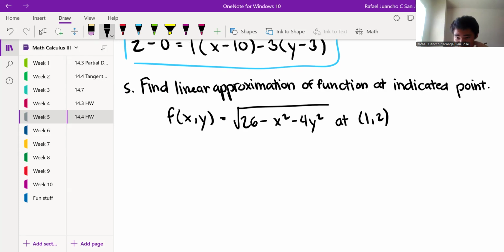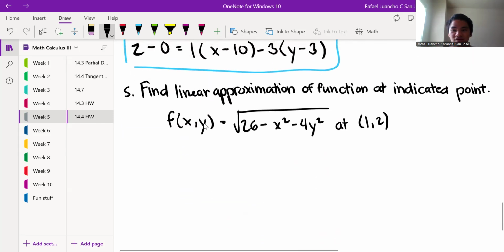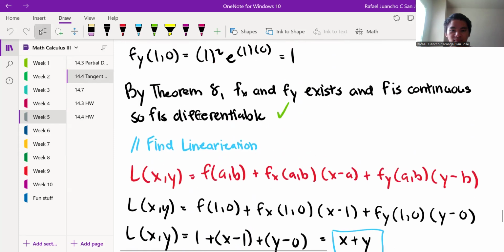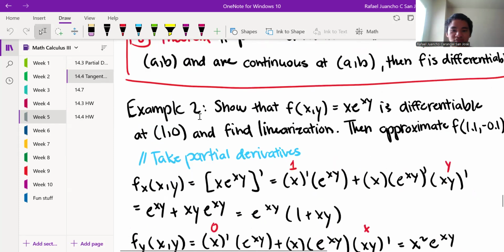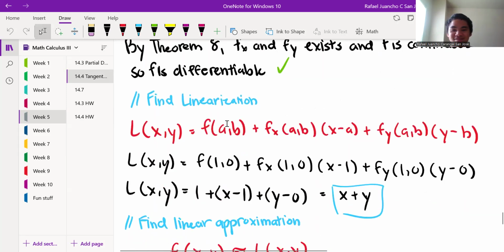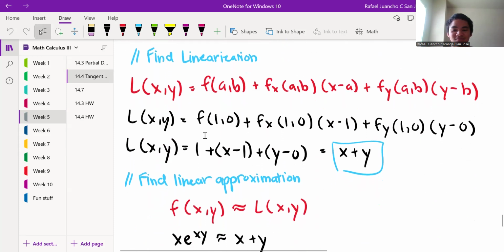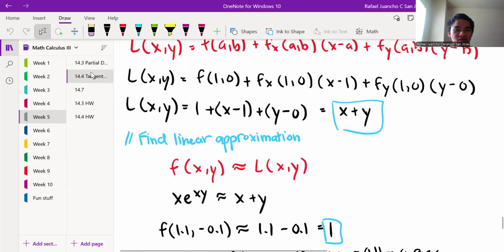So let's find my linear approximation in this case. So the first thing we want to do, again, is to take partial derivatives, right? I'm kidding. Oh no, we actually do that. And then we just use the formula to get the linearization, and then we get the linear approximation. So those are our steps to doing that.